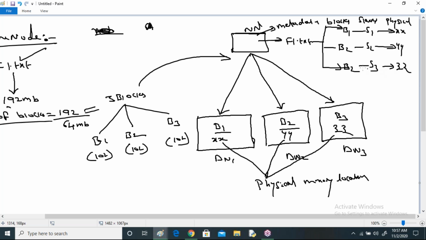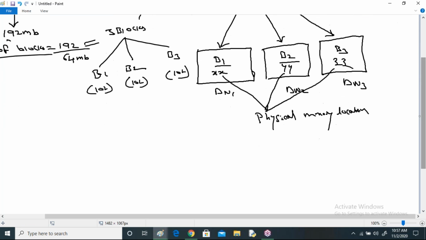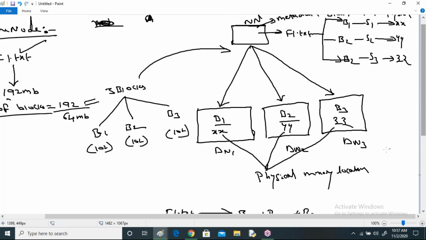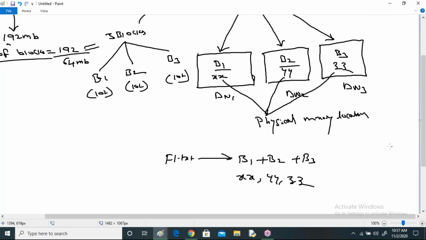Everything should be maintained by the name node: blocks information, the slaves, and the physical memory location addresses. Tomorrow, if you want to combine f1.txt, which consists of B1, B2, B3, it should access those memory location addresses XX, YY, and ZZ.